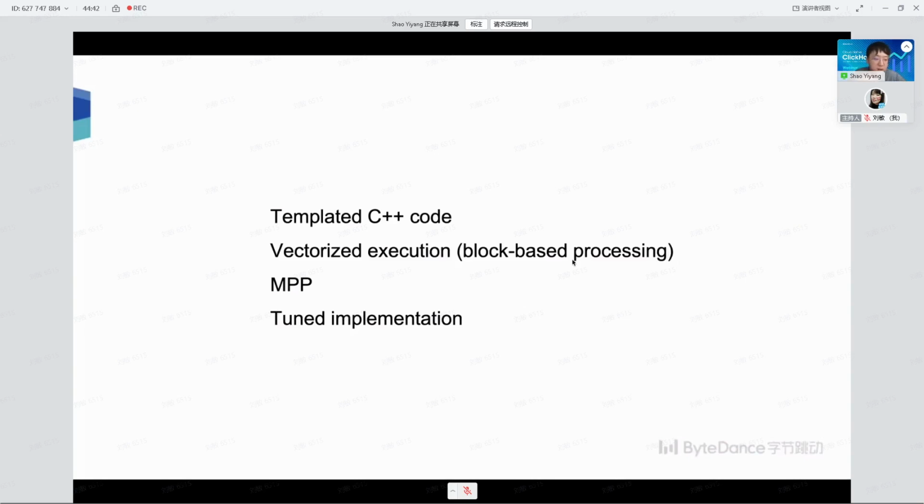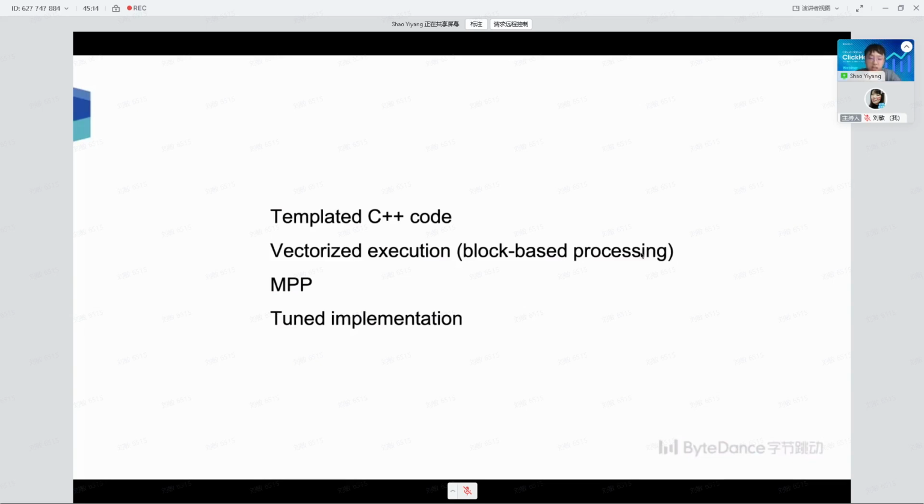So it processes a block of data, and because of its column-oriented storage, it can incorporate vectorization even better. And thirdly, it's a share nothing architecture, just like I mentioned before. So with this MPP architecture, it can achieve linear scalability, and it can massively parallelize its threads to process the tasks.